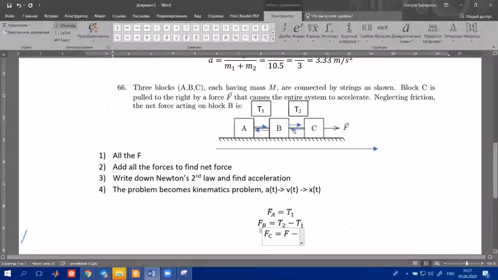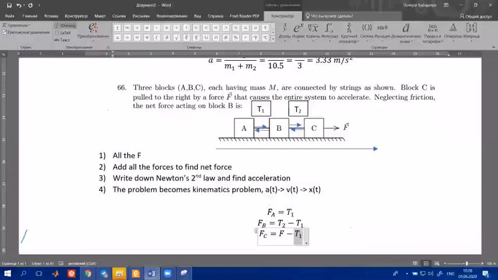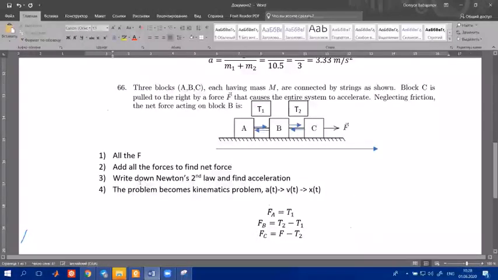This is T2 acting on the body C, negative. So we did the second step, add all the forces to find net force. We have three net forces, Fa, Fb, Fc. And then step 3 is write down Newton's second law and find acceleration.